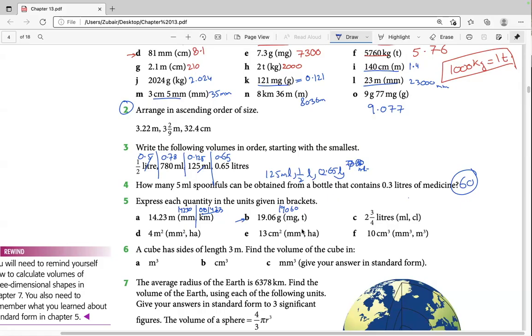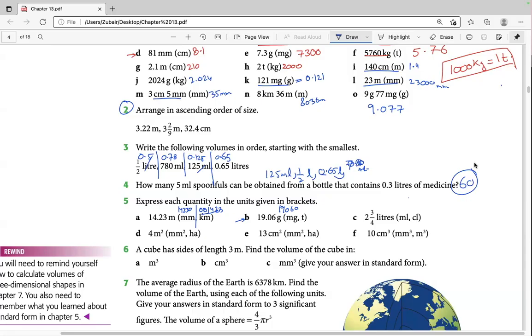And B, 0 point. First, I have to change it into kilograms, so I divided it by 1,000. That's good.